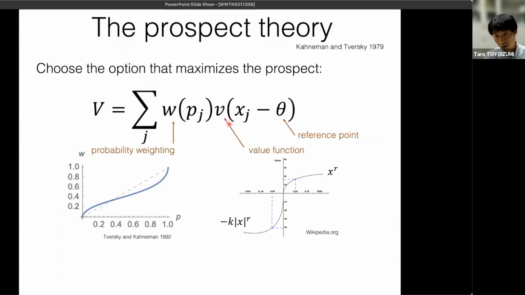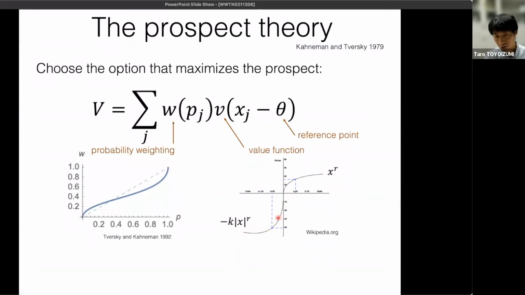This V is the so-called value function, which converts monetary outcome xj into the prospect. And the functional form is described here. It has a concave shape in the gain domain, and it has a convex shape in the loss domain.